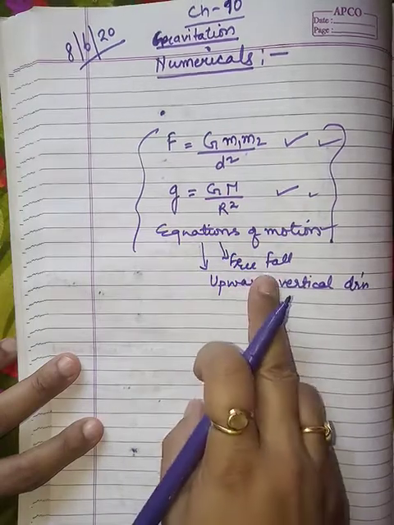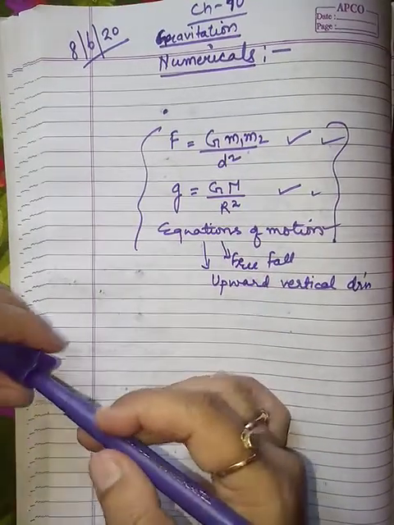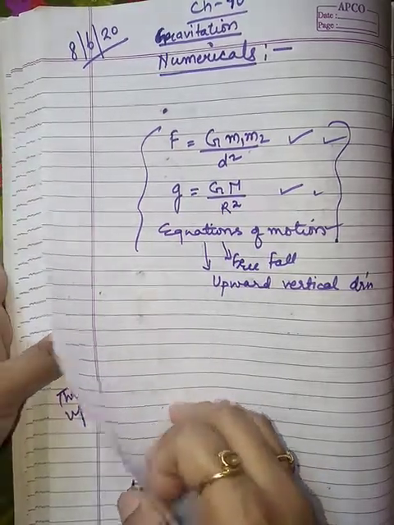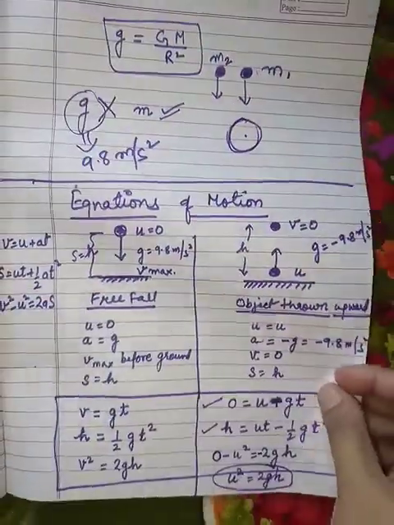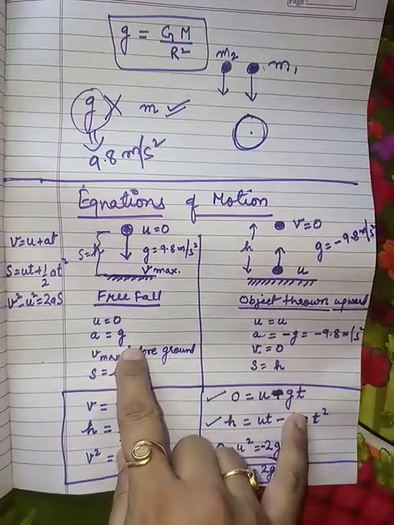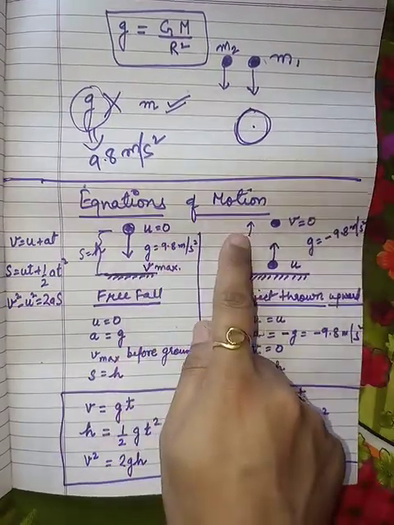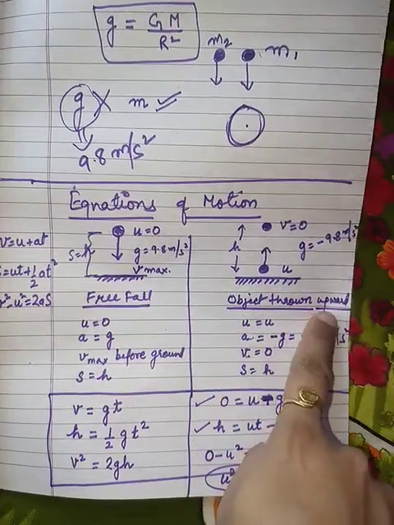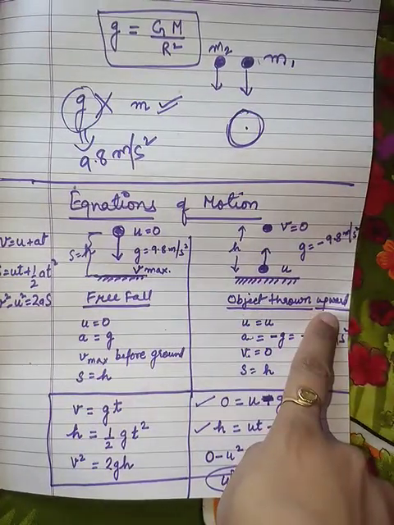These equations of motion we have discussed in the last video. I have that page along with me. Let me show you that page. I have discussed on this page equations of motion for the case of free fall and equations of motion for the object thrown in upward direction.